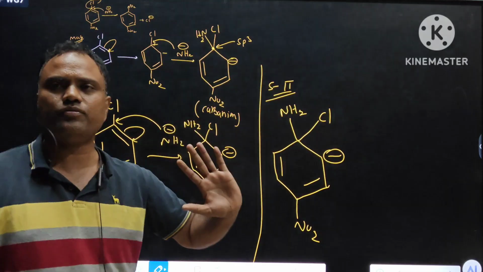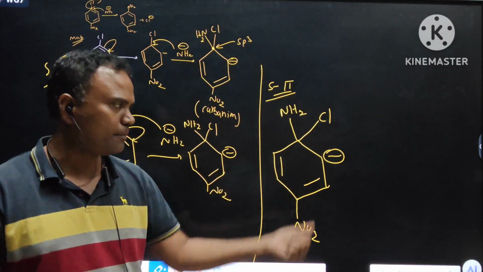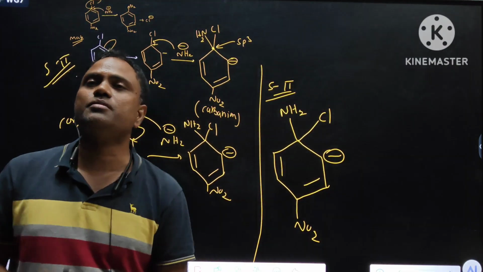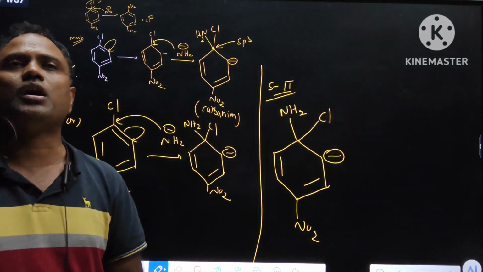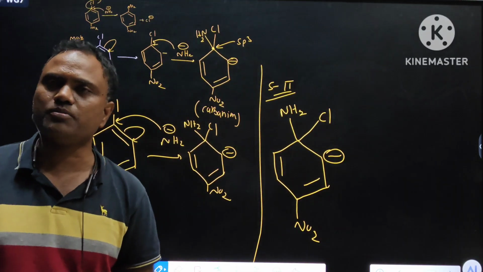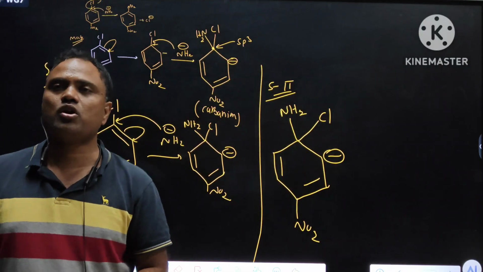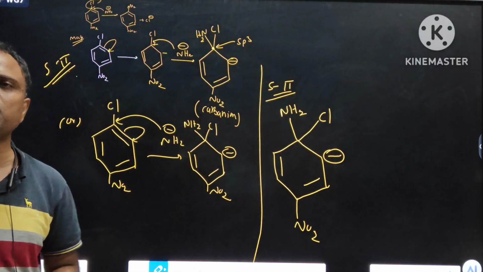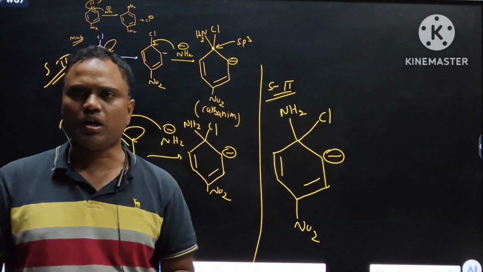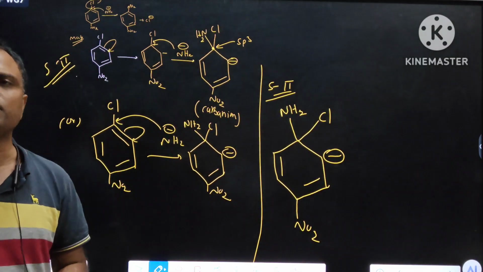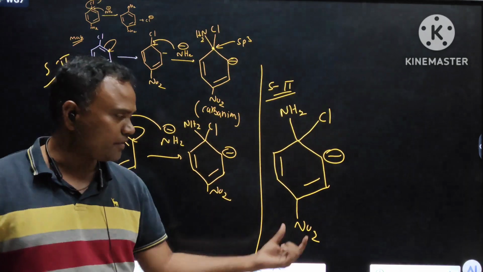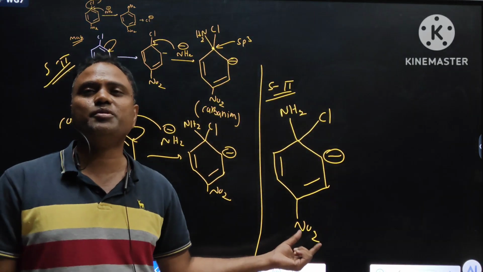What is the intermediate formed here? Carbanion, right? Carbanions are stabilized by which groups? Plus M groups or minus M groups? Strong minus M groups only, according to general organic chemistry, GOC. Carbanions are stabilized by minus M groups. That's why minus M should be present.